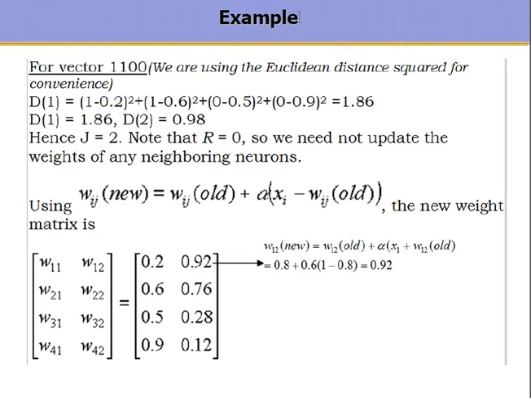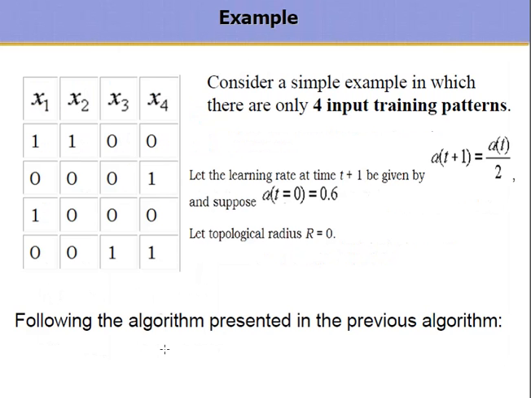we are using the squared Euclidean distance. As you know, we have squares in the Euclidean distance, so we will use the same and calculate d1. d1 will be computed against the first weight vector, 0.2, 0.6, 0.5, 0.9, for our first training pattern, which is 1 1 0 0.